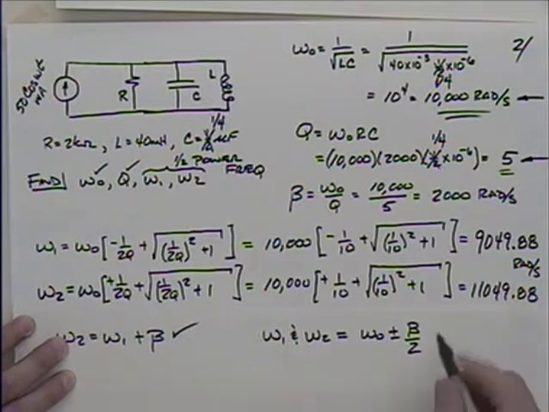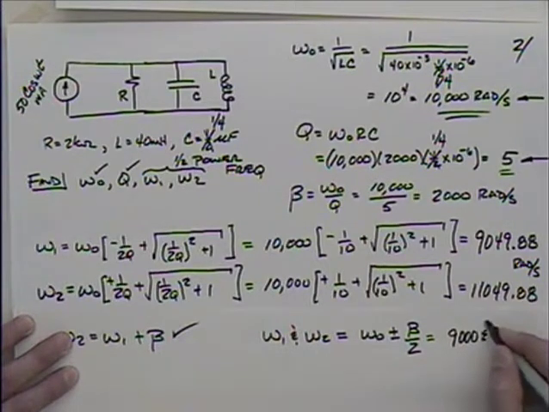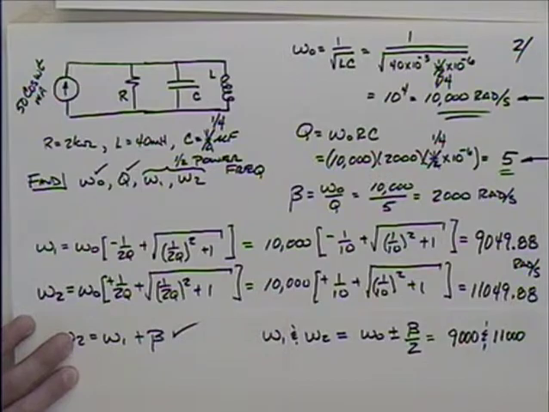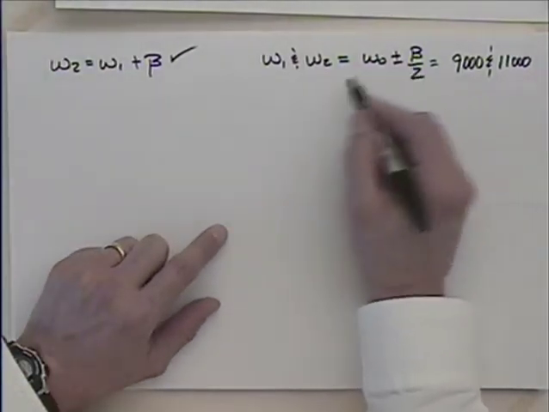So that would put me at 9,000 and 11,000, wouldn't it? Something's not right, is it? Okay. Now, it's not a mistake I made. This is the way it's supposed to be. This doesn't work.